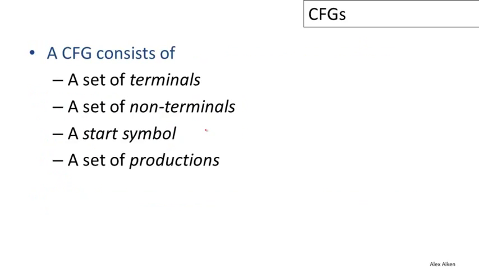So what is a context-free grammar? Formally, it consists of a set of terminals, T, a set of non-terminals, N, a start symbol, S, where S is one of the non-terminals, and a set of productions. And what's a production? A production is a symbol followed by an arrow followed by a list of symbols.